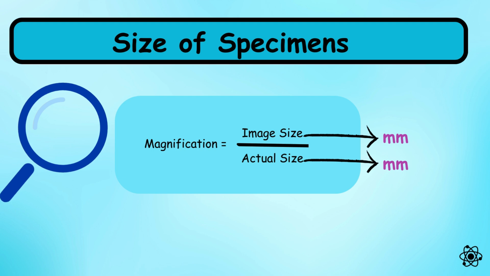This is the formula we must know in order to determine by how much an image has been made bigger, or in other words, its magnification. So magnification is equal to the image size divided by its actual size. Actual size and image size must be in millimeters. If it has been given in any other unit, we must convert it to millimeters first and then solve it.